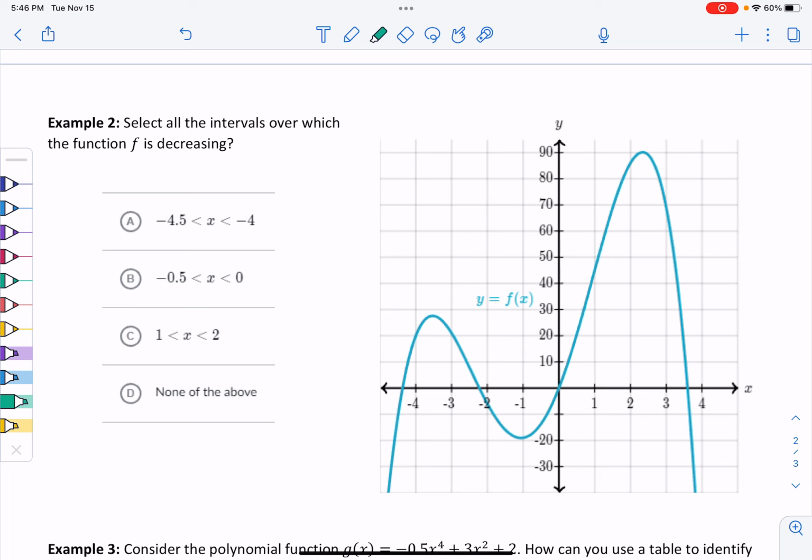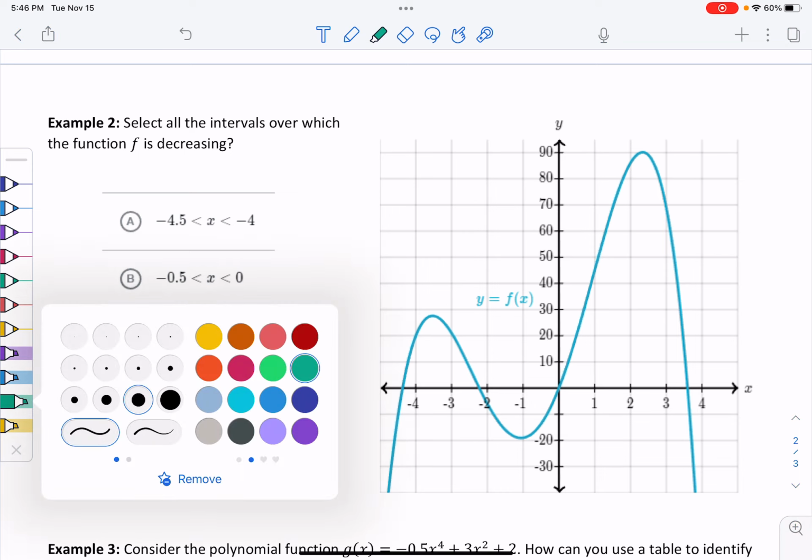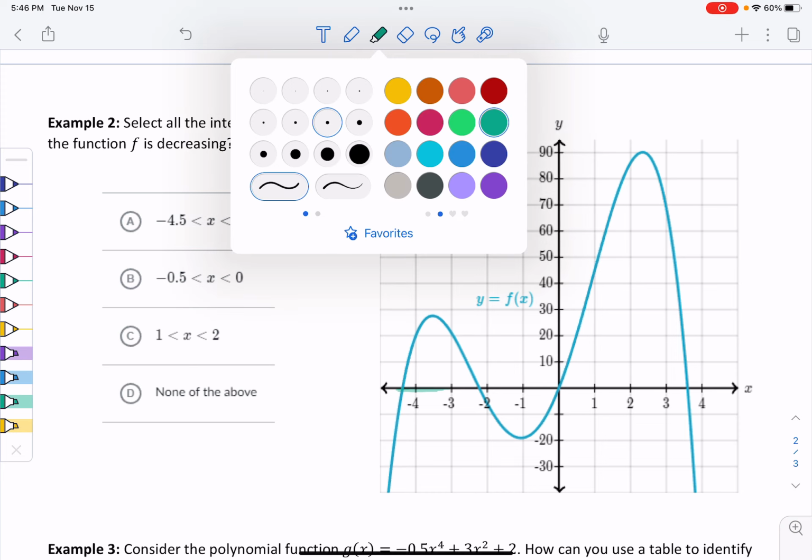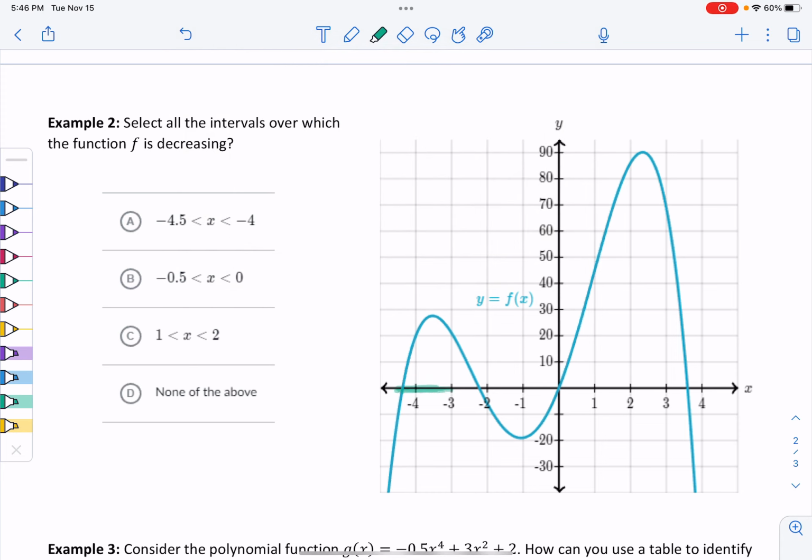I'll use a highlighter. Greater than negative 4.5, so about right here, until negative 4, right here.